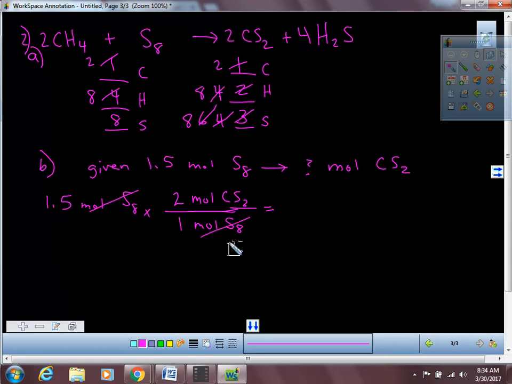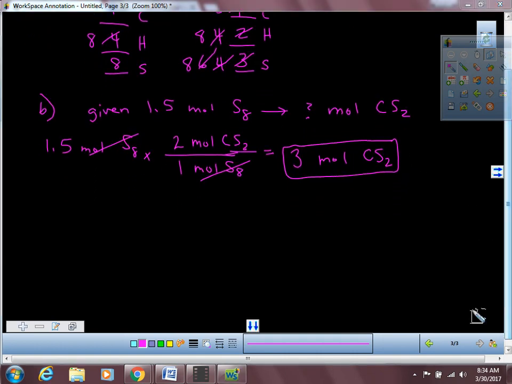Moles of S8 cancel. So how many moles of CS2 do I have? 3. Question about where we got that?